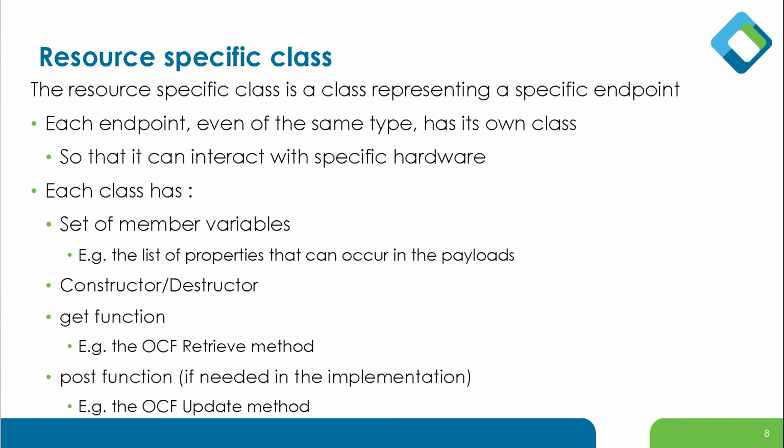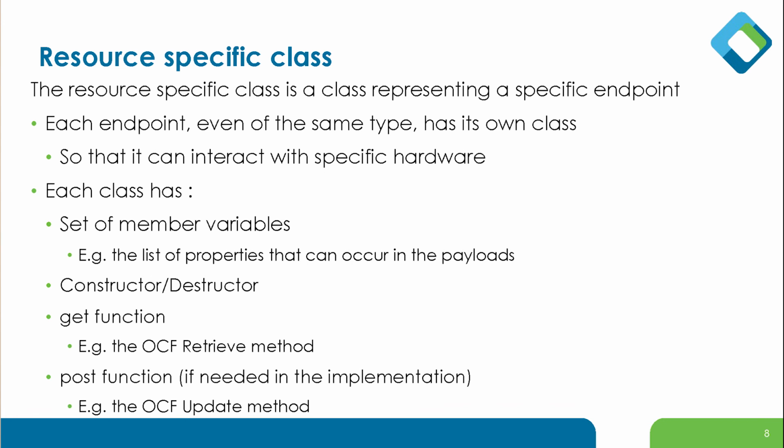So in the input file, you have already the properties inside of the payload defined. So it just creates a member variable for each property that can be used. And it also initializes the variables, taking values either from the defaults in the schemas or from the examples. It's just less work to do.